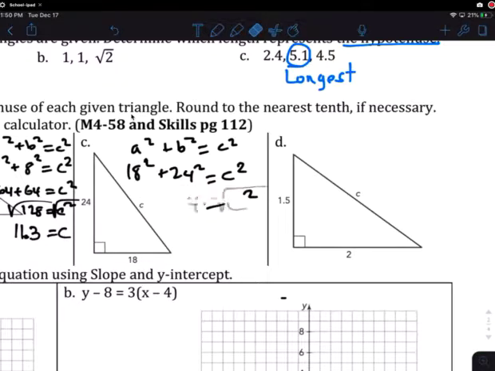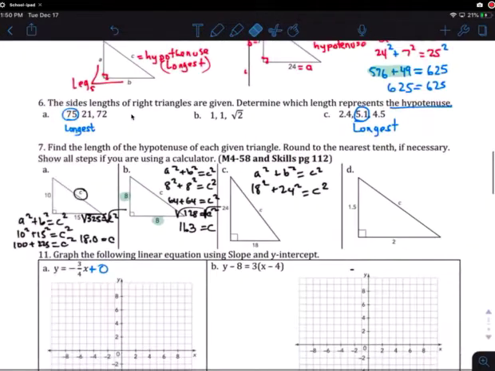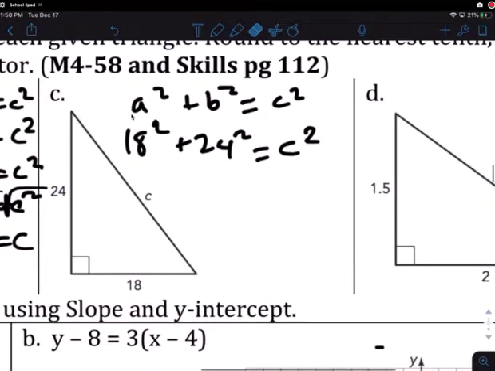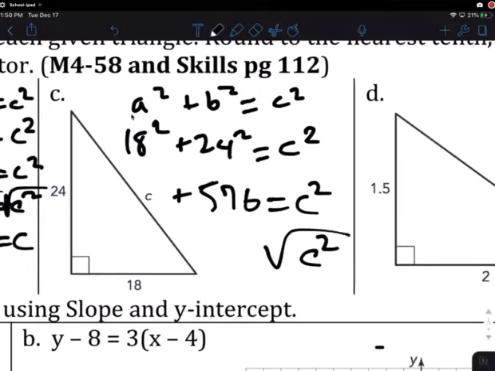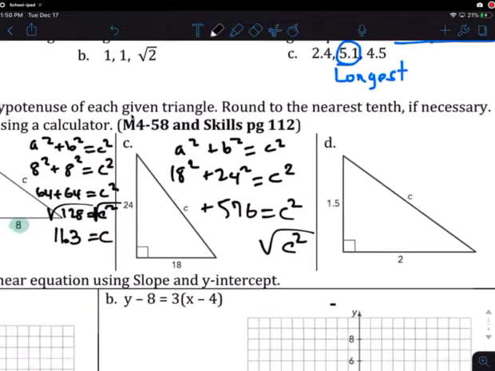Hold on. You guys can finish C and D. Same step over and over. 24 squared was 576. Okay, 18 was 300 something. Add it together, and then find the square root.